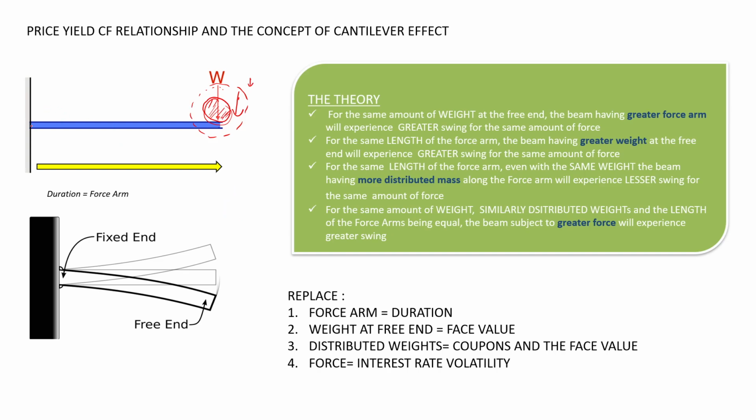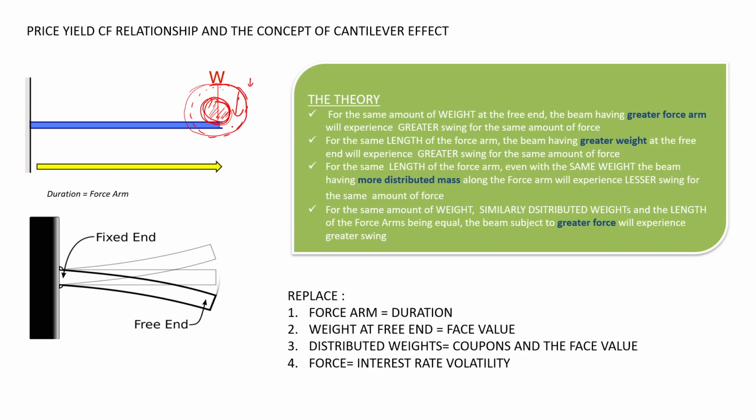So what do we understand? We understood that if we increase the weight of the ball at the farthest end of this cantilever, as we go on increasing the weight with similar force, the swing will be more for those beams where the weight of the ball is more. Right? This is the first derivation we found out.